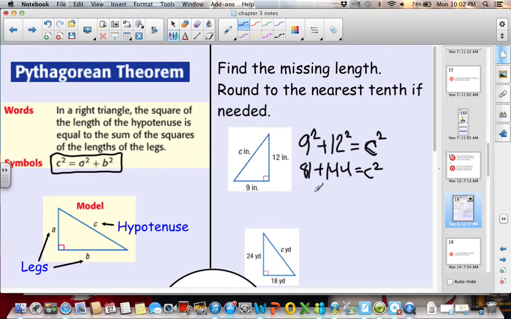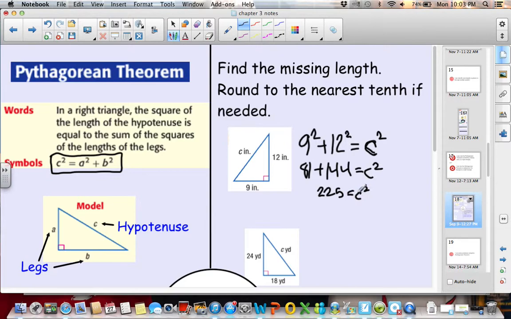And then we can figure out that 81 plus 144 equals 225 equals c squared. Now remember, this is the biggest mistake that students tend to make: they say, oh, the missing length is 225. No, 225 is when c is squared.